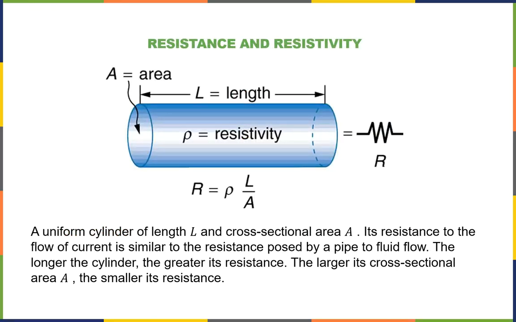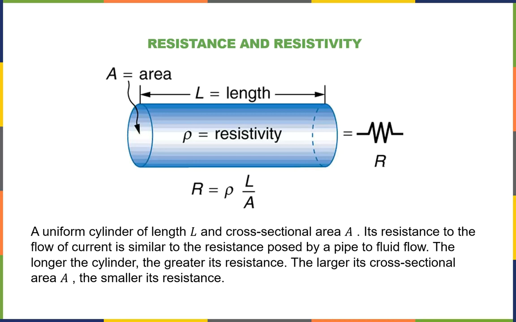The resistance of a material depends on what it's made of. This thing here, rho, is called the resistivity. If I make a resistor out of a different material, it'll have a different resistivity and a different value. It also depends on the geometry, the shape of your resistor. So it's the resistivity times the length divided by the cross-sectional area.